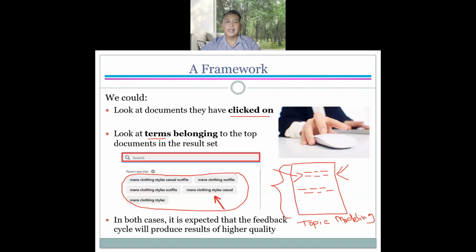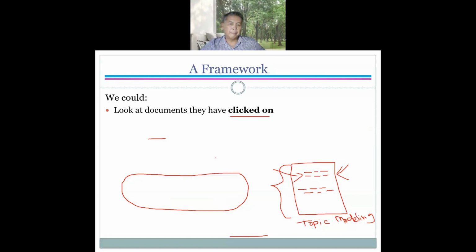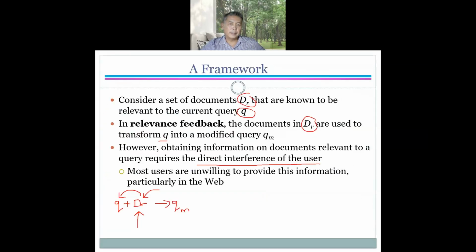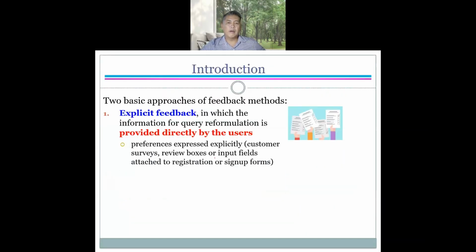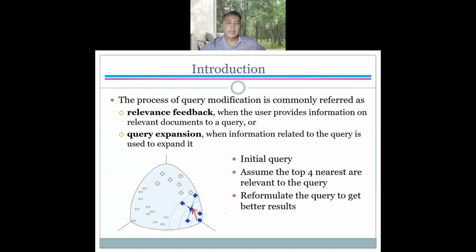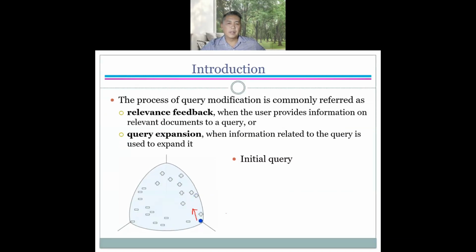In both cases, it is expected that the feedback cycle will produce results of higher quality, meaning that whenever you expand from one keyword to the expanded keyword, it is expected that you get better results because of this concept. When we modify the query, from here it will go nearer to the positive one.